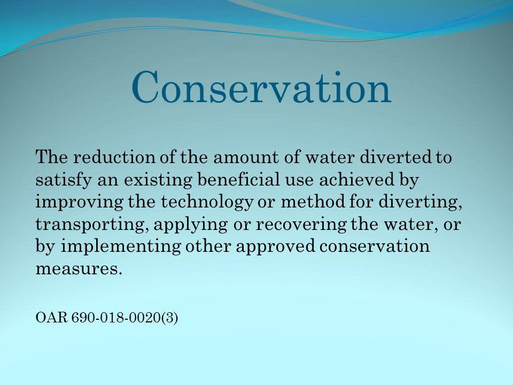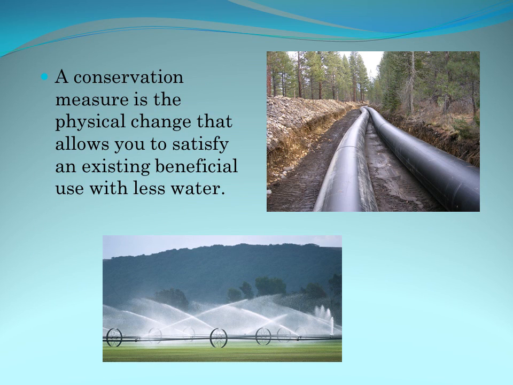Beneficial use is the use authorized by the water right, for instance, irrigation, nursery, etc. In a nutshell, a conservation measure is the physical change that allows you to satisfy an existing beneficial use with less water.